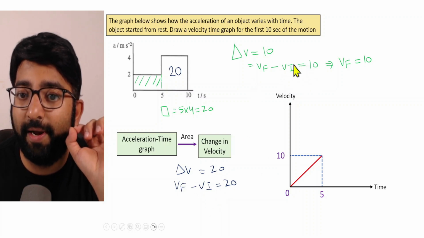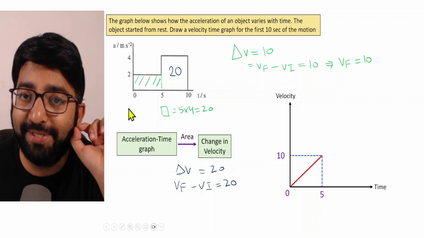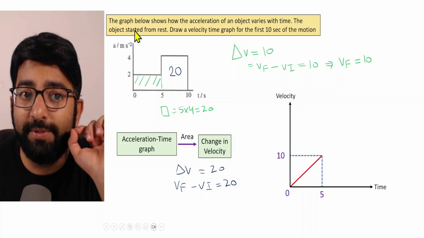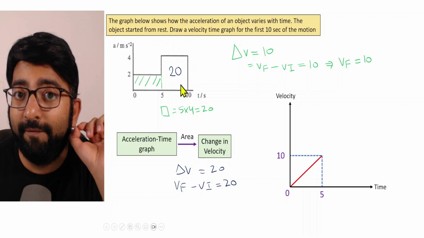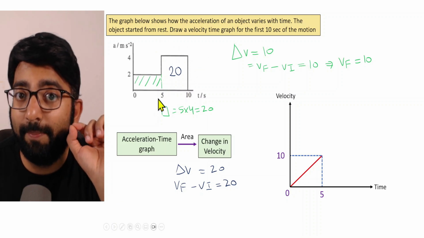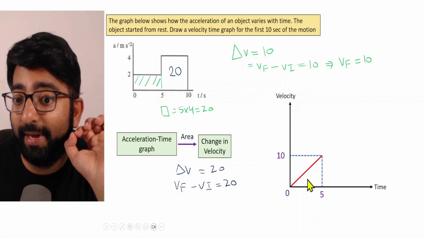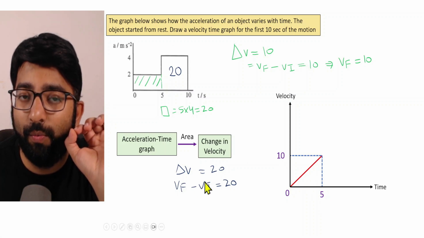In the previous case, we had taken initial velocity to be 0 because the initial point was t is equal to 0, and at t is equal to 0, it was mentioned that the object is starting from rest. But if we are considering this big rectangle, we are starting from t is equal to 5. Hence, 5 is the initial point. And in this formula, initial velocity would be the velocity at the end of 5 seconds, which is 10 meters per second. So V initial will be 10.